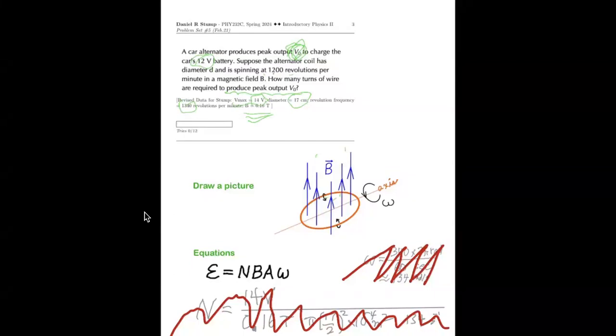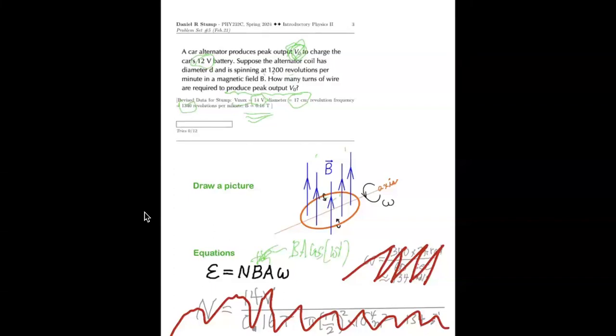So you have written in your notebook the equation from reading the chapter. The EMF in an electric generator is NBA omega. Now B times A is the flux through the coil. So that will be B times A times the cosine of omega t.